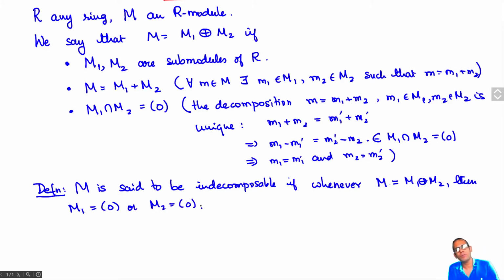Okay, every module M can be written as 0 plus M or M plus 0. But an indecomposable module is one that cannot be broken up into two non-trivial summands.